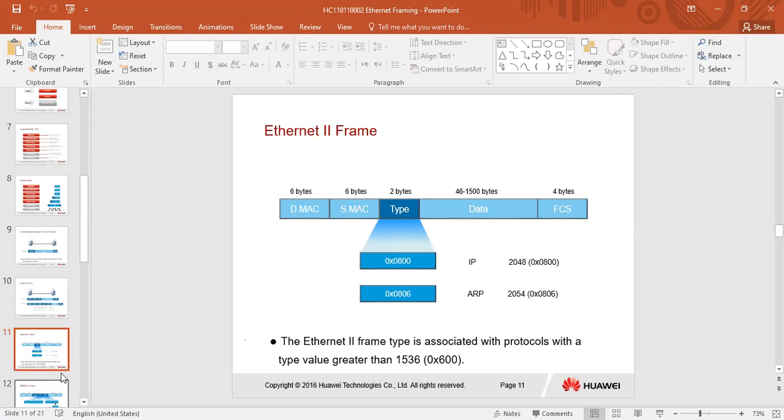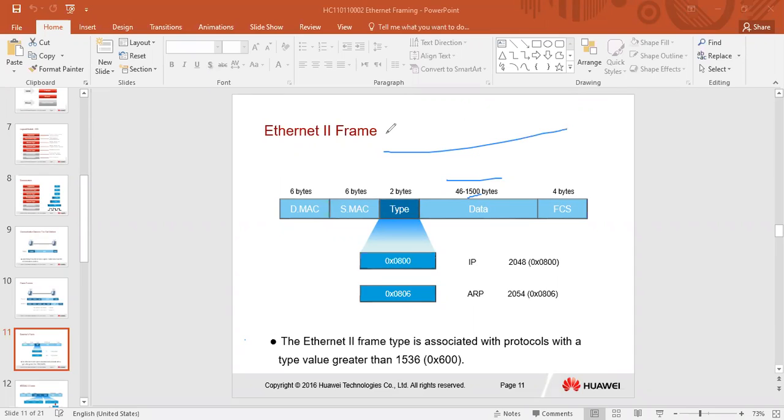As I said, what is the length of any frame? In Ethernet 2 framing, the length of data is from 46 bytes to 1500 bytes.